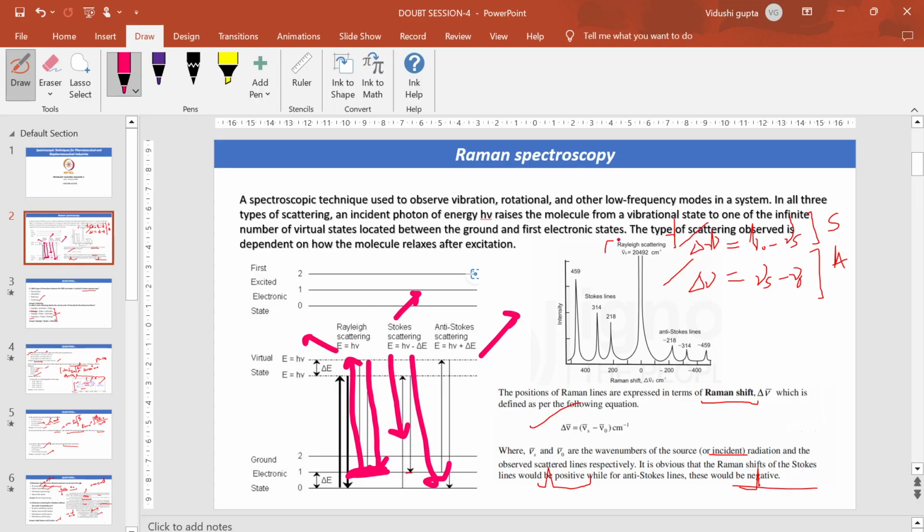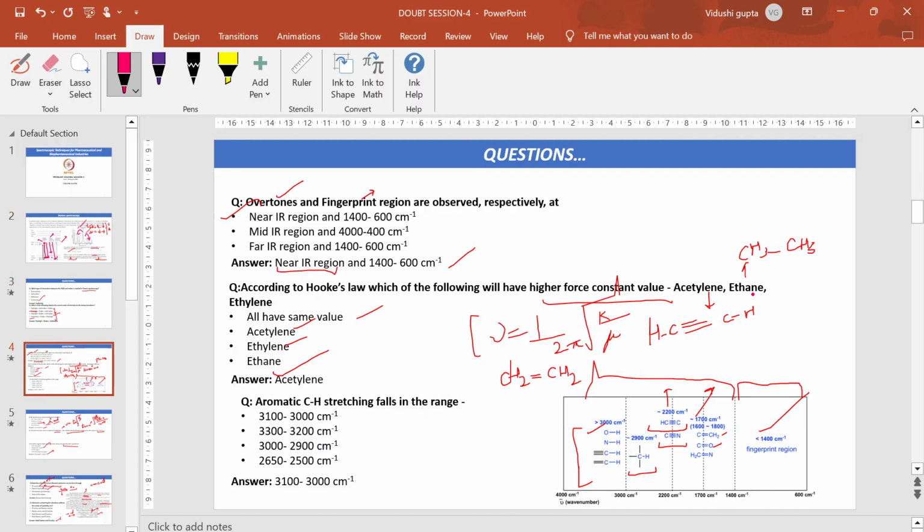Then the intensity of the Rayleigh is higher. To the left of Rayleigh is Stokes with a lower wave number. Right is anti-Stokes with a higher wave number. For the Stokes line, Δν equals ν naught minus ν s, while Δν equals ν s minus ν naught for the anti-Stokes one. Then we discussed Hooke's law.